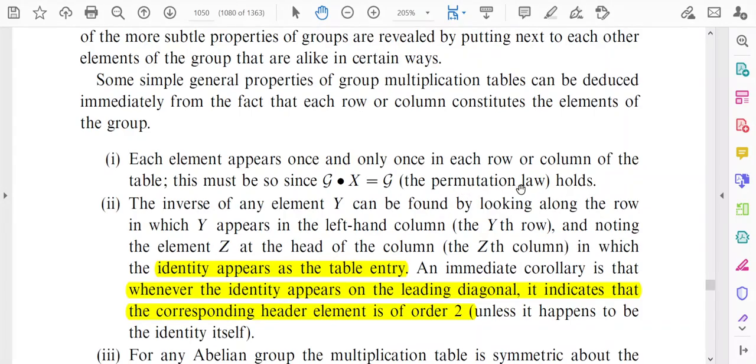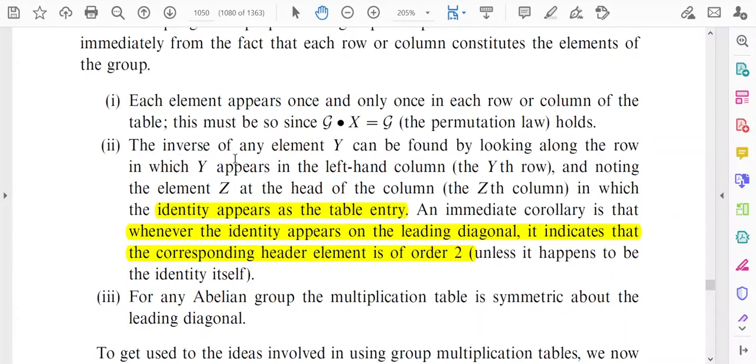The permutation law means that if you multiply any element x with all other elements of the group G, then there will be only a permutation of the elements, but no new elements will be generated. So this is the permutation law. That is why each element appears once and only once in each row or column of the table.